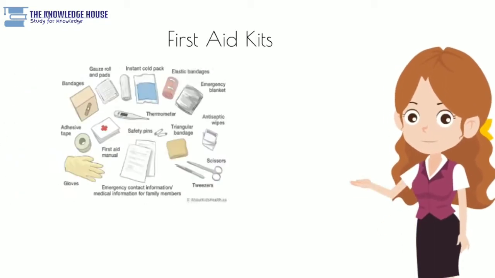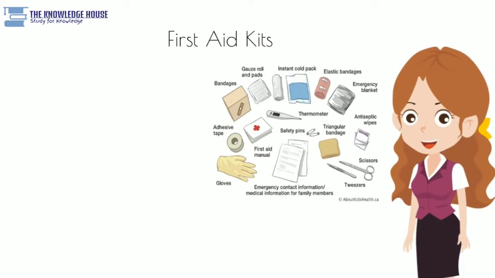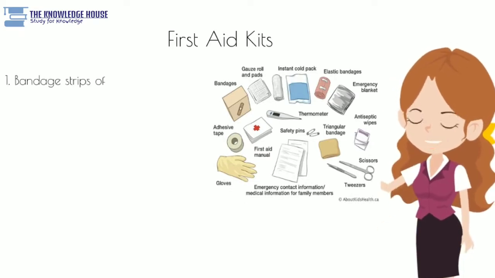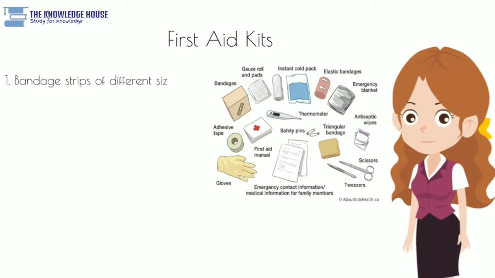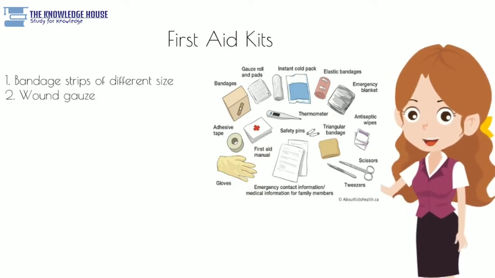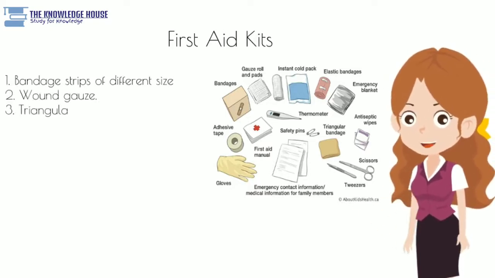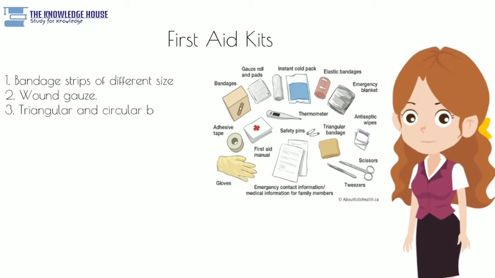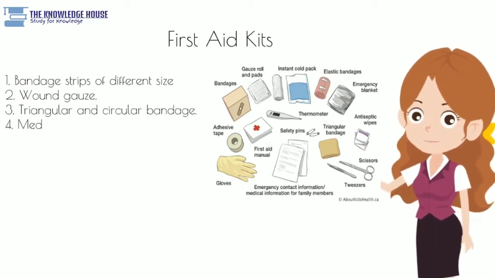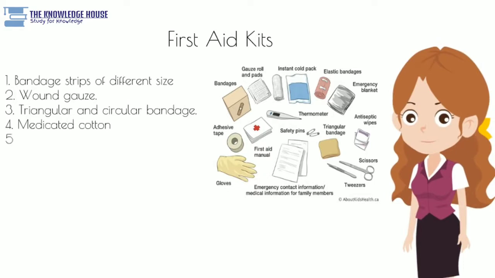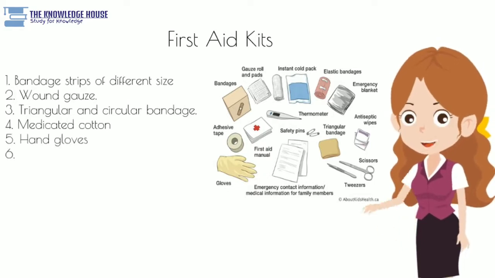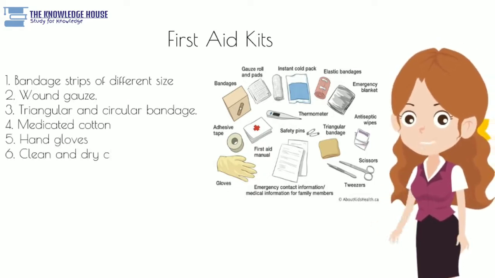The necessary material in first aid box. 1. Bandage strips of different size. 2. Wound gauze. 3. Triangular and circular bandage. 4. Medicated cotton. 5. Hand gloves. 6. Clean and dry cloth pieces. 7. Soap. 8.